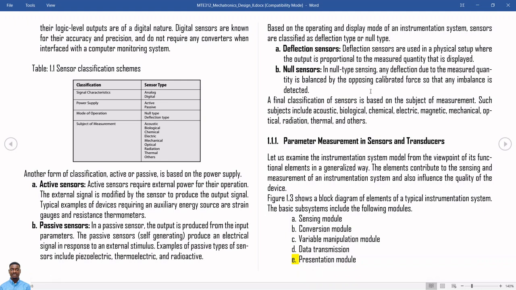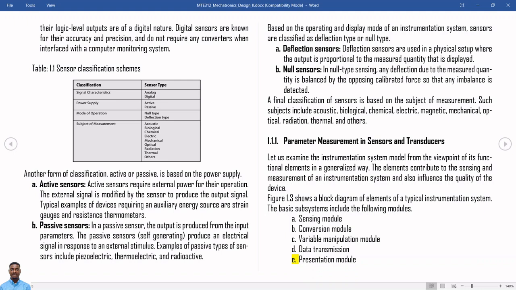These two types of sensors are used in instrumentation systems where we need to do measurements, particularly calibration measurements. Deflection sensors are used in a physical setup where the output is proportional to the measured quantity that is displayed.